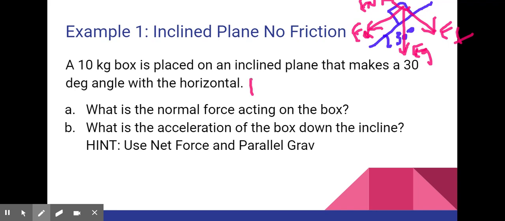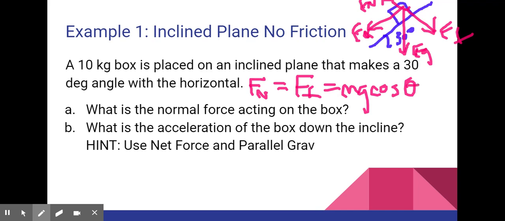We know that the normal force in this case is not equal to the force due to gravity because they're not in the same plane. They're not both in the y plane. But we do know that the normal force is equal to your perpendicular force, which is mg cosine of theta.